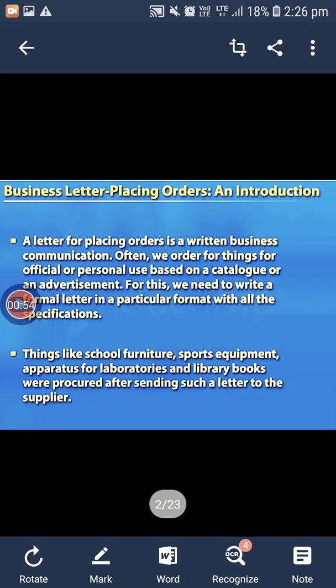For this, we need to write a formal letter in a particular format with all the specifications. Second important point, things like school furniture, school equipment, apparatus for laboratories, and library books were procured after sending such a letter to the supplier.